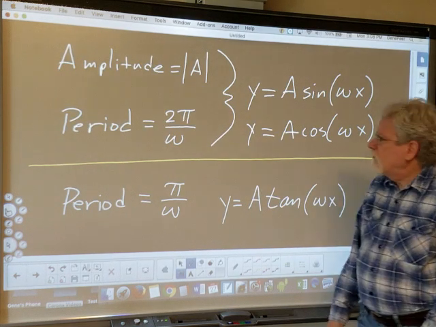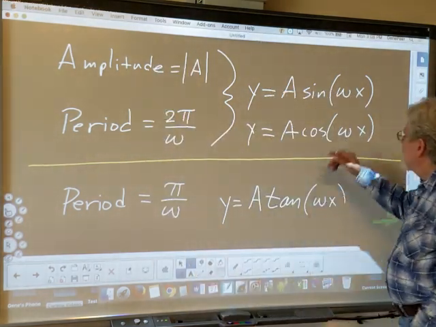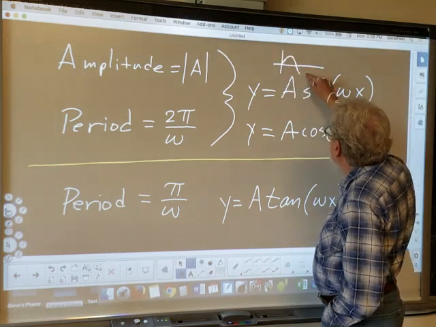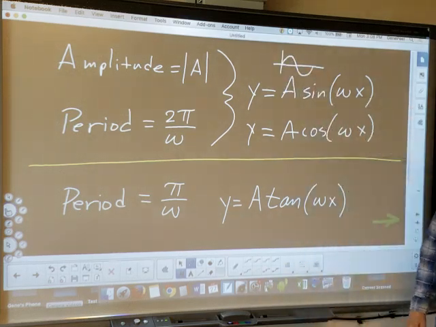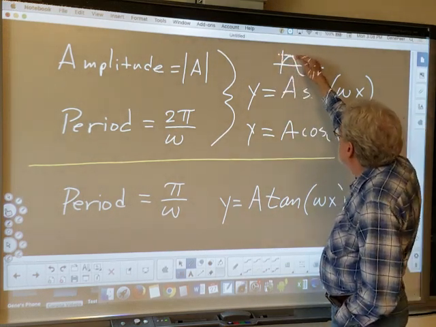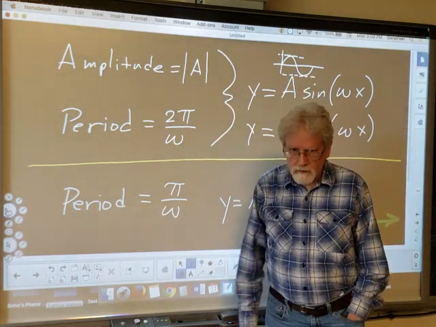All right, back to graphs. Amplitude and period. Okay, you know what sine looks like. Sine does this. By amplitude, we're talking how far up does it go, or how far down does it go. But we're talking absolute value.